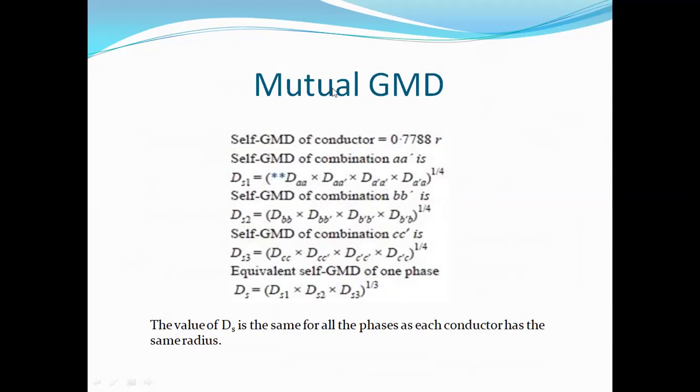Now we have to find the equivalent self GMD of one phase. If we consider the equivalent self GMD of one phase as DS, then how many phases? Three phases. So it is DS1 into DS2 into DS3 to the power 1 by 3, because three phases, three combinations are there.